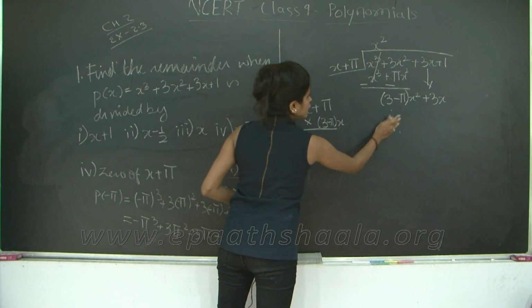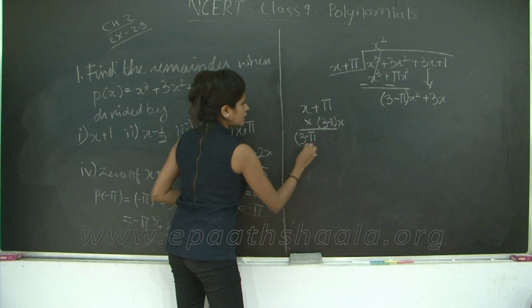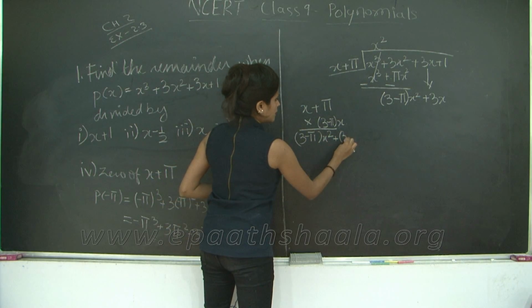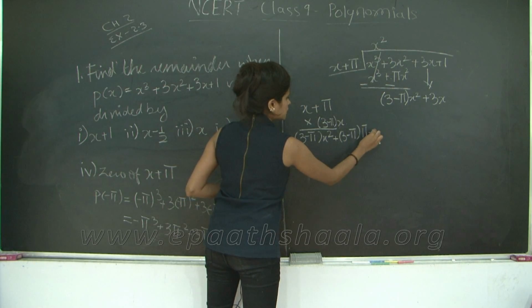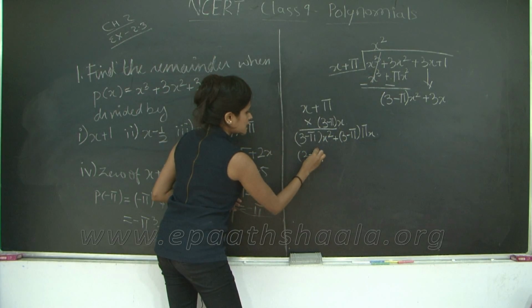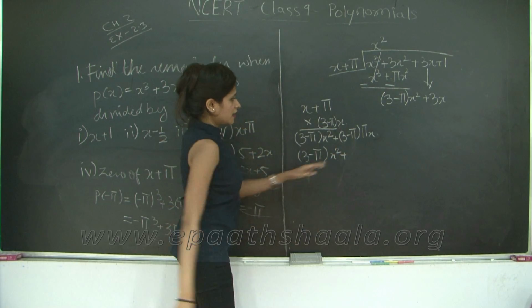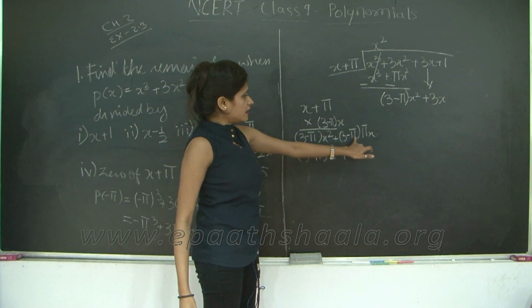So obviously you get your first term, 3 minus pi into x square, plus 3 minus pi into pi x, right? Now this is nothing but 3 minus pi x square plus, I just need my variable term outside, so I am going to take 3 pi inside.